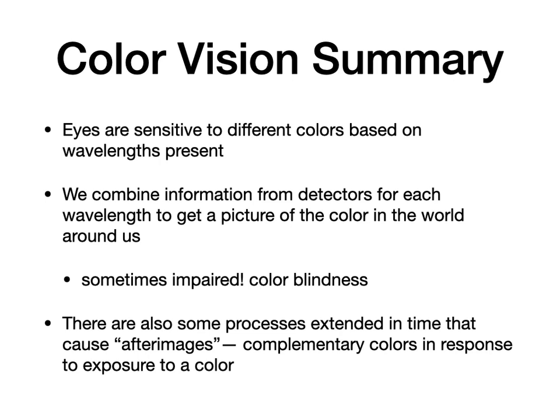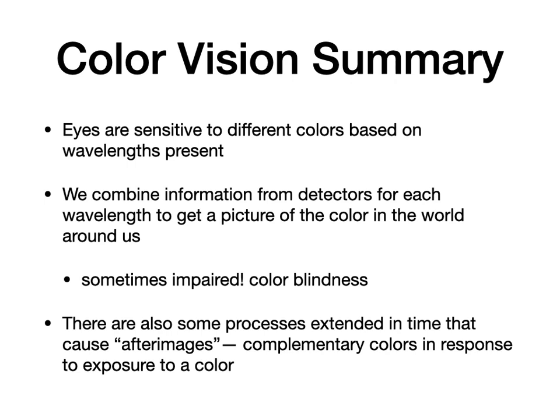Okay, so color vision. Eyes are sensitive to colors based on the wavelengths present in them and also the amplitudes. We combine information from detectors for each wavelength to get the picture of color in the world. Sometimes that can be impaired if we're lacking a certain kind of cone. But there's also these processes that cause a sort of an opponent, a push and pull version of this.